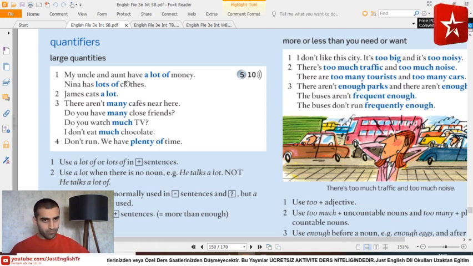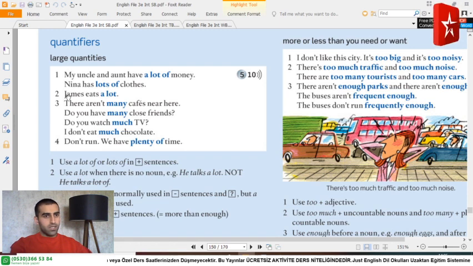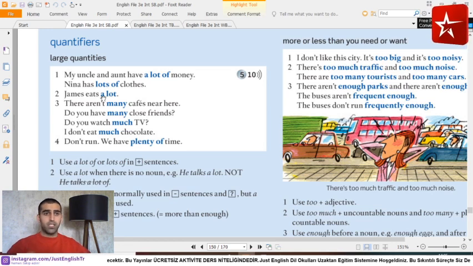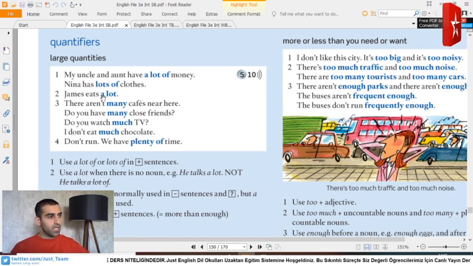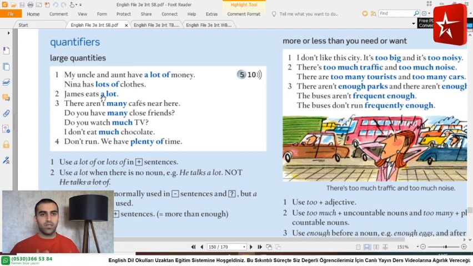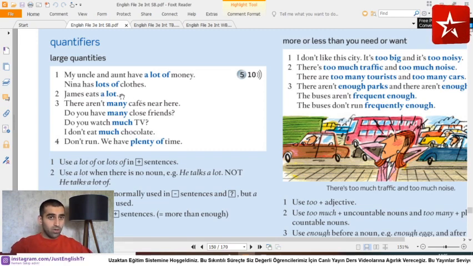We should use many and much in questions or negative sentences. Let's continue with number two, a lot. Like this simple sentence: James eats a lot. Or Philip speaks a lot. So we use a lot after verbs. After the verb, we use a lot, we don't use a lot of or lots of.